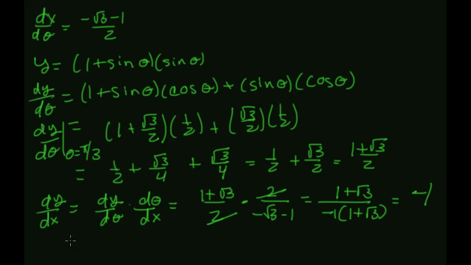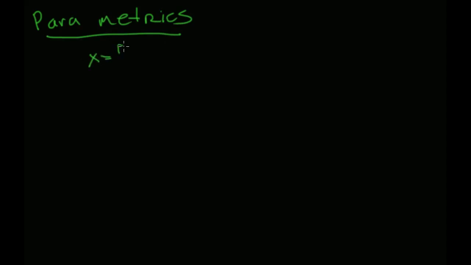All right, so let's talk about parametrics. Remember, parametric equations tend to be written in the form of x is some function of t and y is some other function of t.